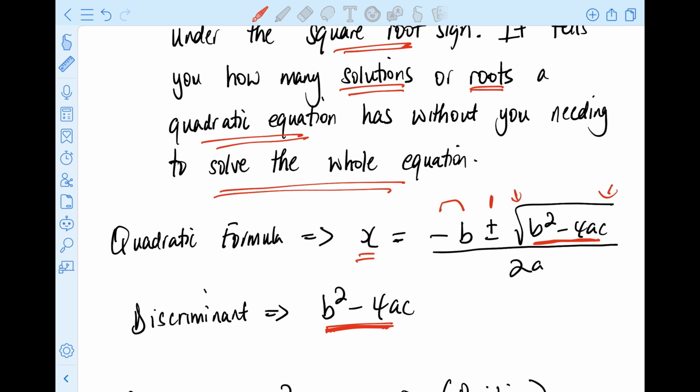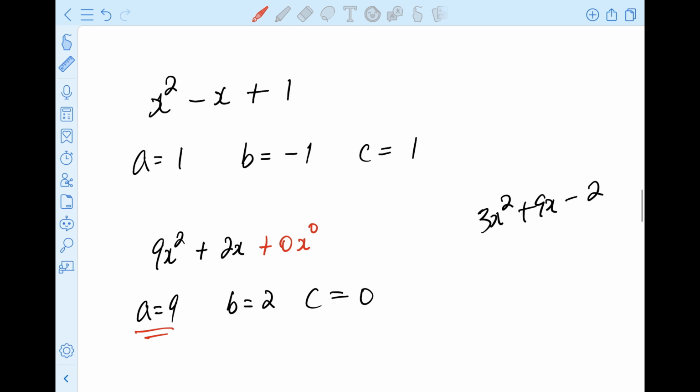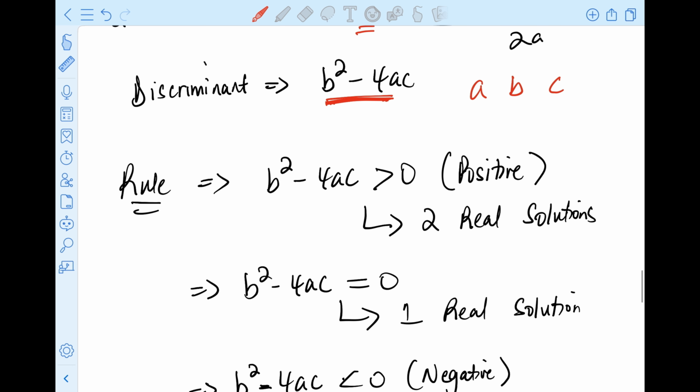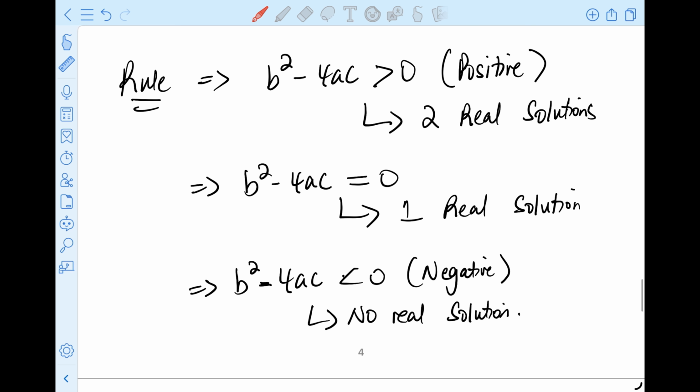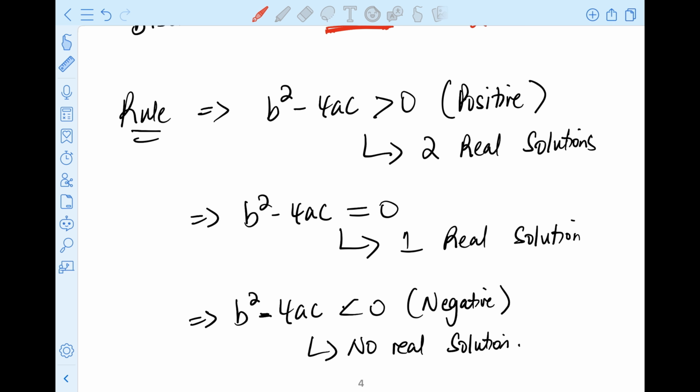The second thing I want us to pay attention to is that the entire formula has a, b, and c. That's why I just focused a little bit on being able to find a, b, and c. Very, very important, right? Now, here is the rule for the discriminant, and this is just kind of notes, right? If when you calculate b squared minus 4ac, you get a positive number, then it means that we have two real solutions.